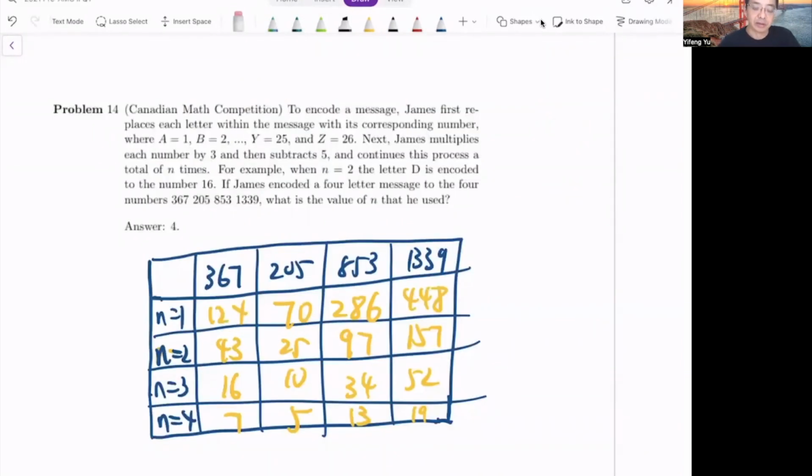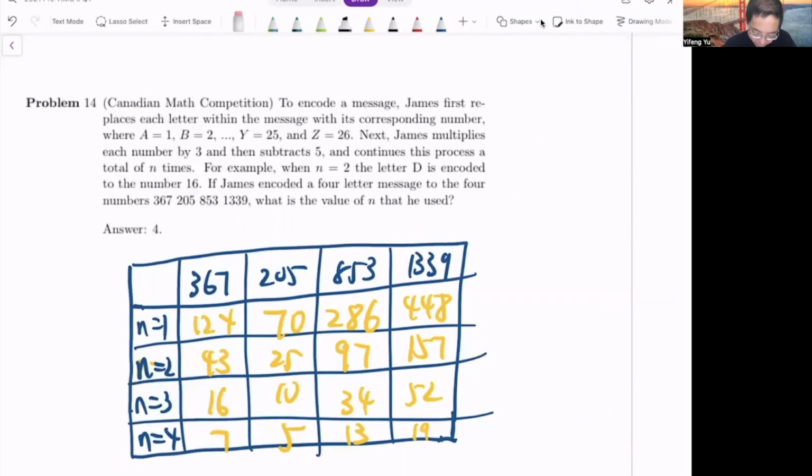Problem number 14. To encode a message, James first replaced each letter within the message with its corresponding number, where A is 1, B is 2, and all the way to Z is 26. Next, which we call one operation, James multiplies each number by 3 and then subtracts 5, and continues this process a total of n times.